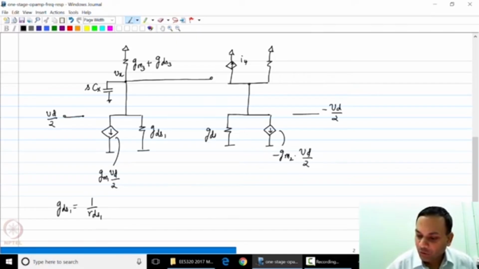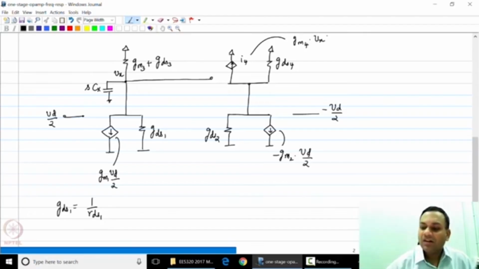This conductance is of course GDS2 and this is GDS4. Current I4 is nothing but GM4 times Vx. And finally, you have a capacitance Cz connected between the output node and ground, and this is the output voltage.